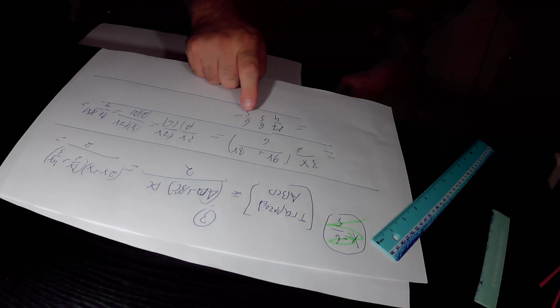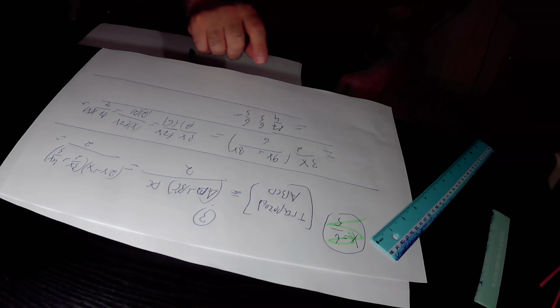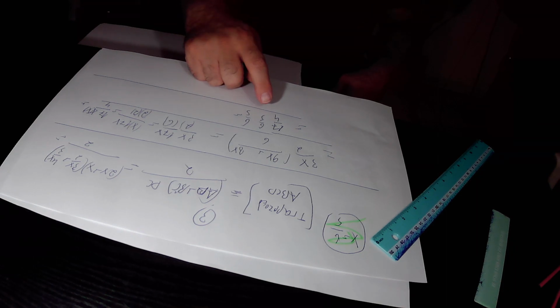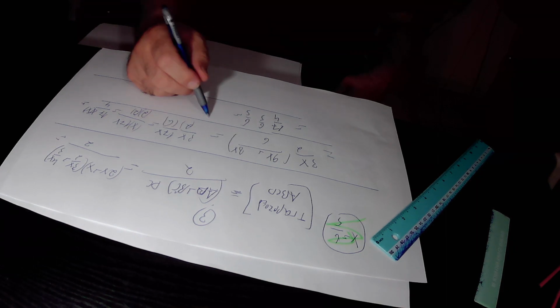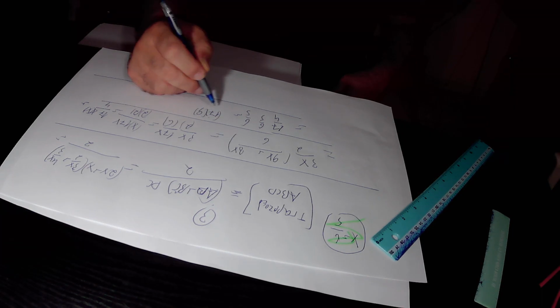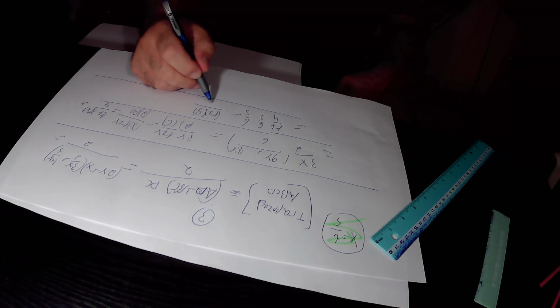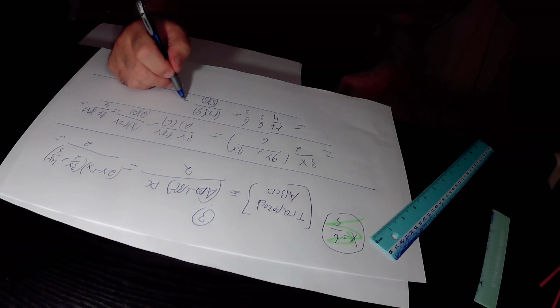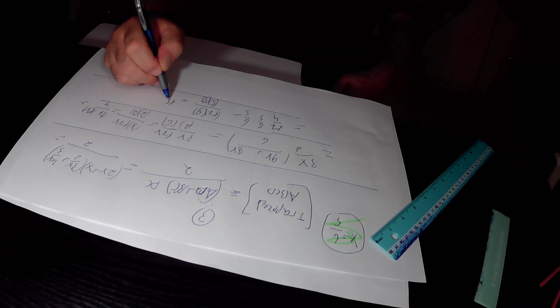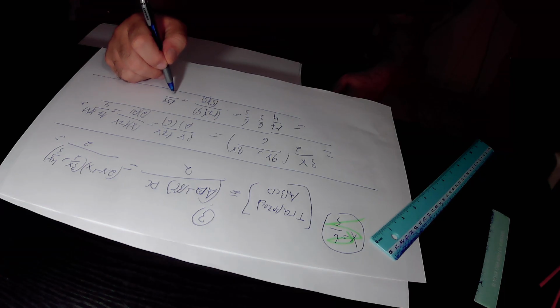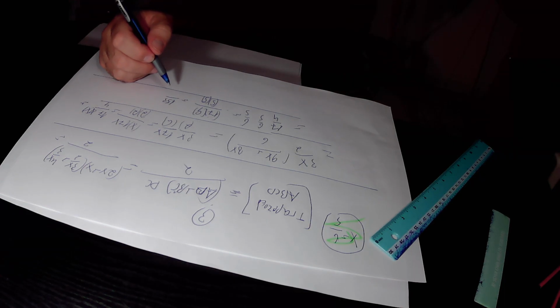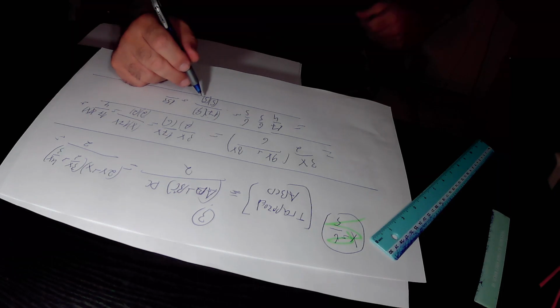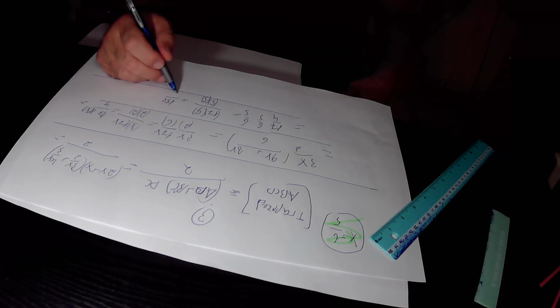6 times 6 is 36, and 36 over 4 is 9. So we substitute 6 times 6 over 4 by 9, and we get that in the numerator we have 17 times 9 over 5 times 5. 17 times 9 is 153, divided by 5 times 5 in the denominator, so that is 25.